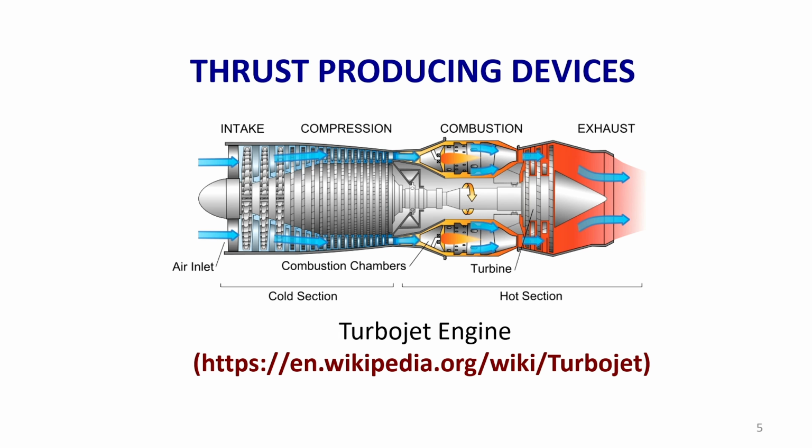And let us see the thrust producing devices. There are a lot of thrust producing devices, like a propeller. We have a jet engine, the turbojet engine as shown in this schematic, turboprop engine, turbofan, turboshaft, then ramjet, all these are used.